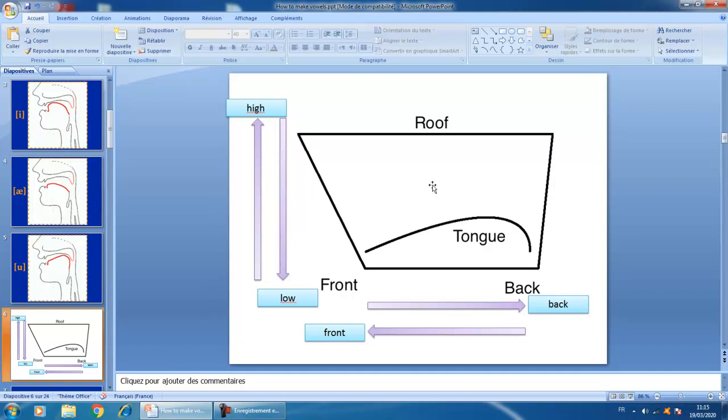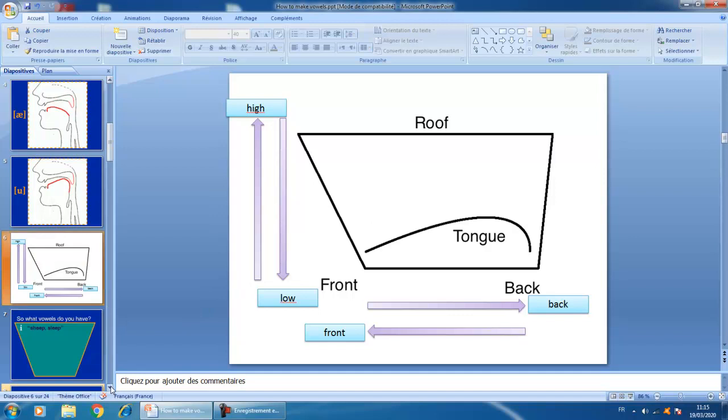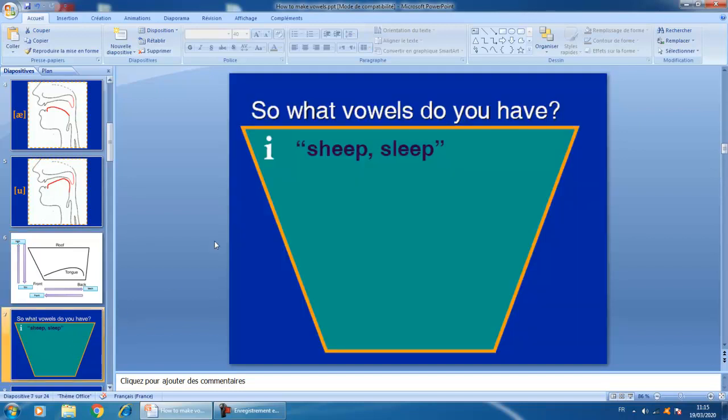So this is what we're going to take into account when we try to describe the vowels of English. We have the dimension of back as opposed to front, and the dimension of high or close as opposed to low or open. And we have some other vowels that are in between, called mid vowels.